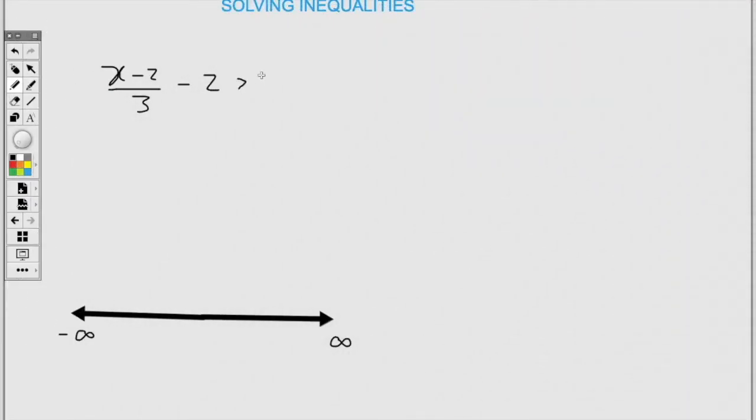Here we have another example, and what we have to do is find the LCM of this fractional inequality. The LCM for 3 and 6 is 6. We're going to multiply each of these terms by 6.